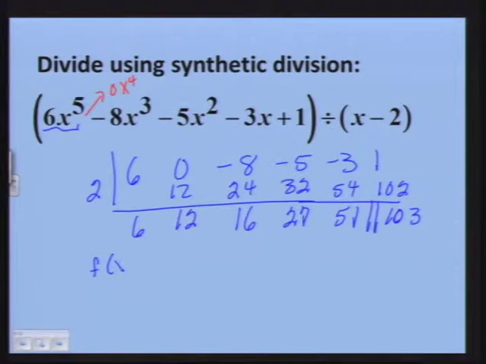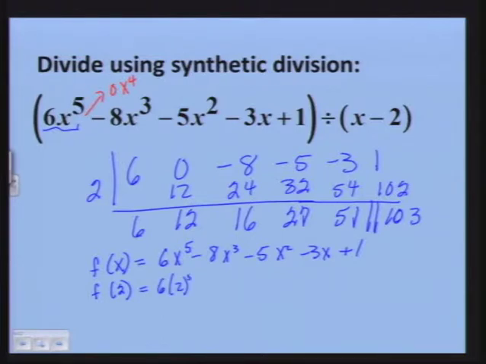If I said that my f of x equaled 6x to the 5th minus 8x cubed minus 5x squared minus 3x plus 1, and I decided to find f of 2, I could do it. That'd be 6 times 2 to the 5th minus 8 times 2 to the 3rd minus 5 times 2 squared minus 3 times 2 plus 1.